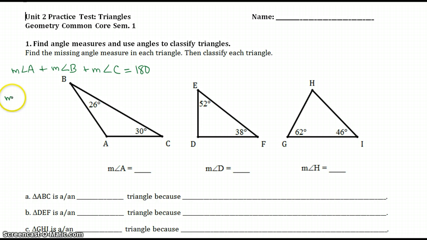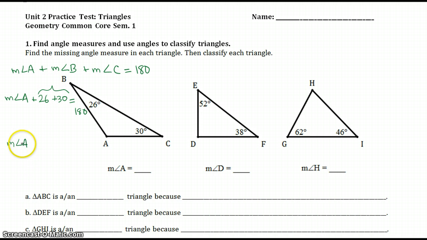So we don't know the measure of angle A, but we do know the measures of angle B and C. And that equals 180 degrees. Well, we can combine like terms here.